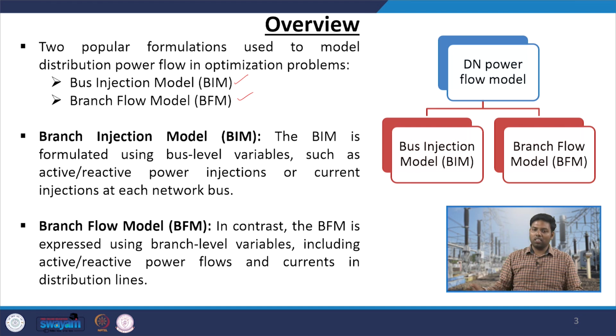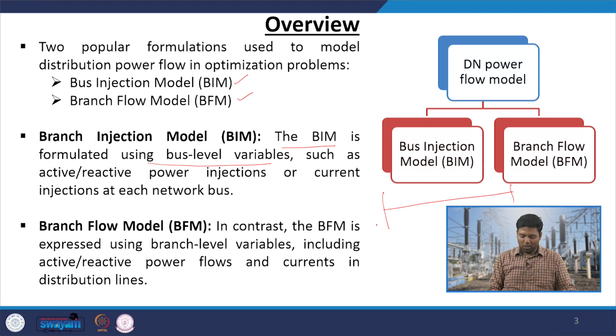Now, what is the bus injection model? The bus injection model, or the BIM, is formulated using bus level variables. That means, let us say you have a line connected between two buses, this is n and this is m. Then the bus injection model says you consider only this bus, how much power it is giving, how much power it is getting as incoming power, or how much load is tapped from there.